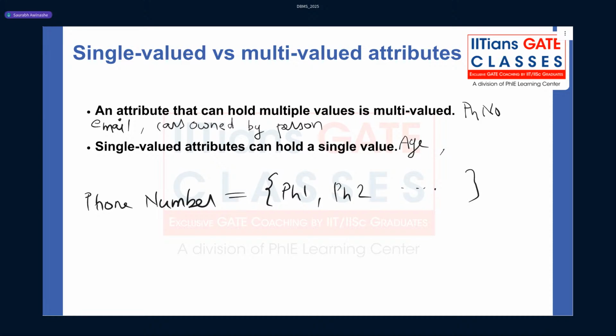Gender, good. Gender, date of birth. We can have the Aadhaar. So that is your single valued versus multi valued.